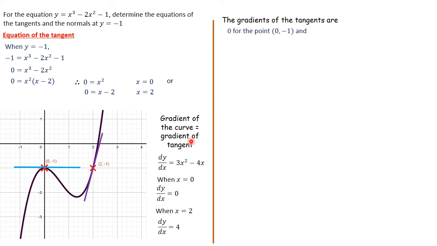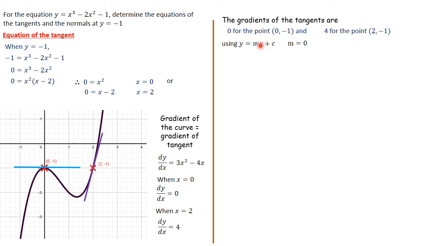So we proceed now. The gradients of the tangents are 0 for the point (0, -1), because that's the gradient of the curve at that particular point, and 4 at the point (2, -1). Therefore, using y equals mx plus c, we have m equal to 0 for the first case.